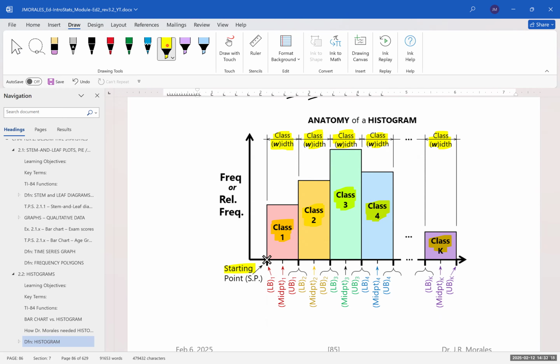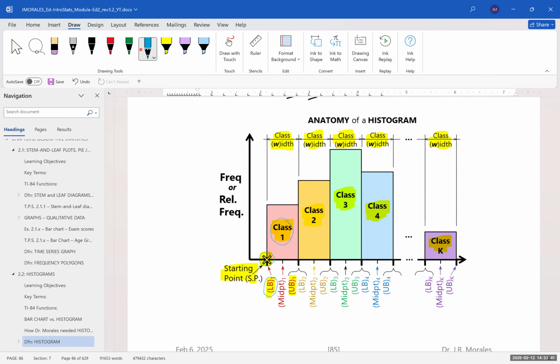We need a starting point. The starting point is the leftmost part of the histogram. Each of these classes has what's called a lower bound and an upper bound. The lower bound of the first class is your starting point.